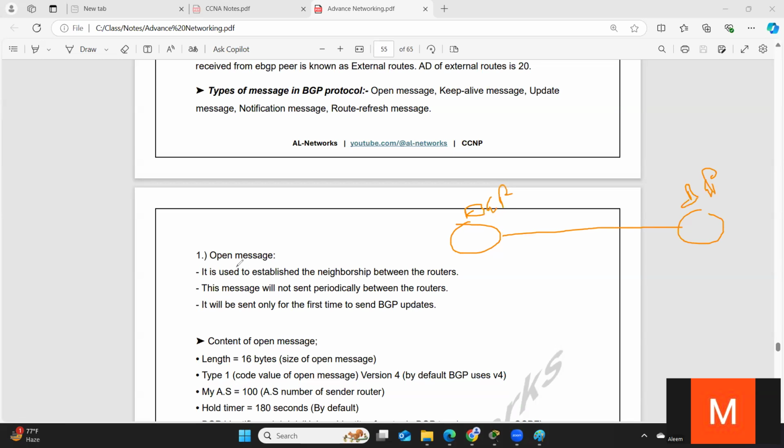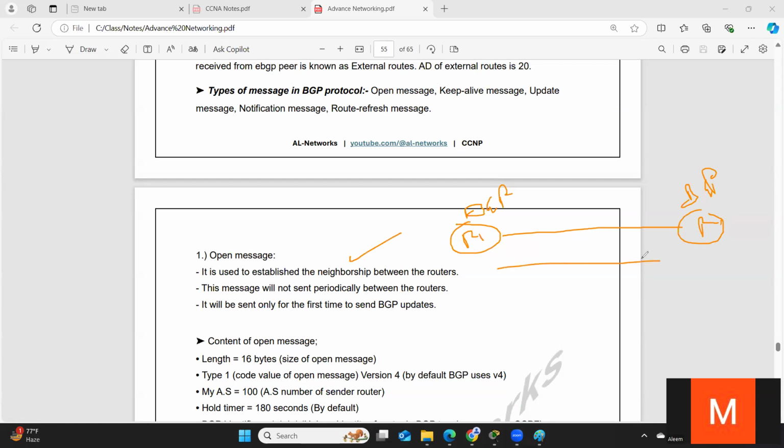The time they establish a neighborship between two routers, R1 and R2, the neighborship forms once. This message will not be sent periodically between routers.